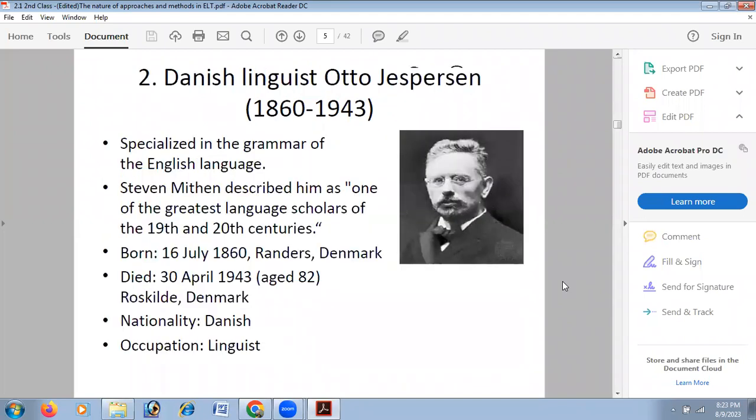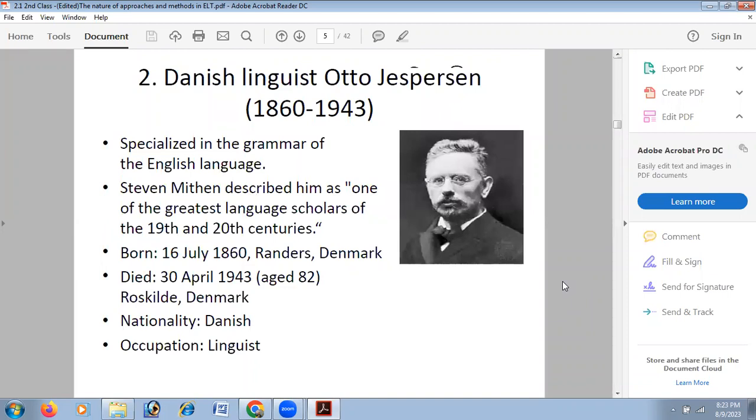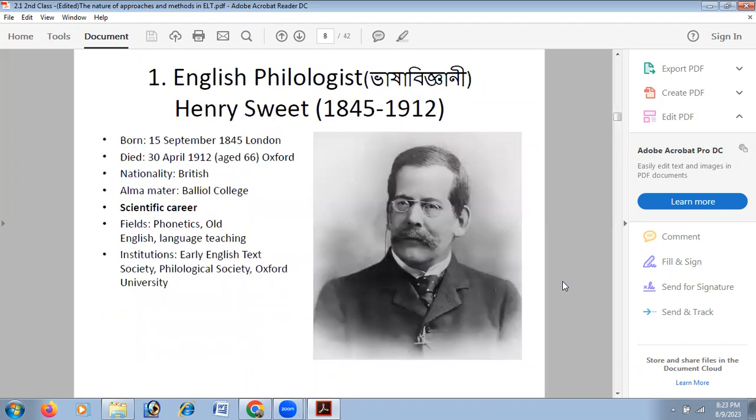So he thought, and we came to know another name, the Danish linguist Otto Jespersen. Otto Jespersen is especially famous for the grammar of language use, and is one of the greatest language scholars of the 19th and 20th century.